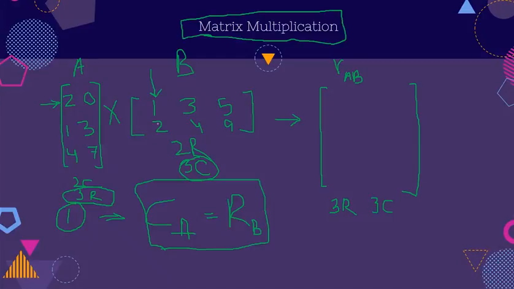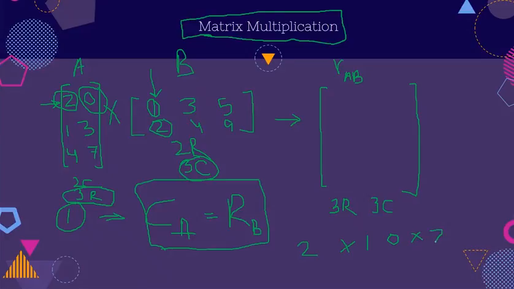So we'll multiply the row of A with the column of B. We take 2 and multiply it by 1, and we multiply 0 by 2. I'm circling the two elements that I am multiplying.